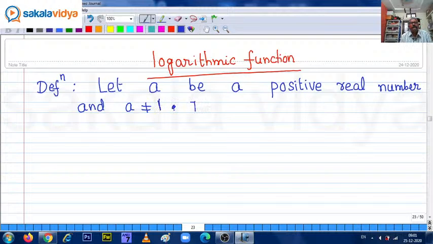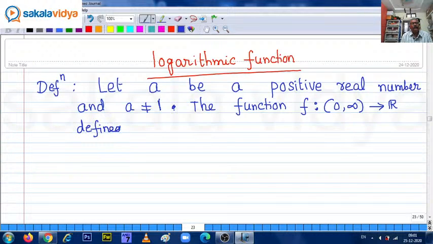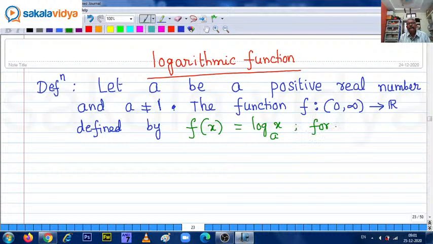The function f from (0, infinity) to the real number system defined by f of x equals log x to the base a for every x belonging to (0, infinity) is called a logarithmic function.